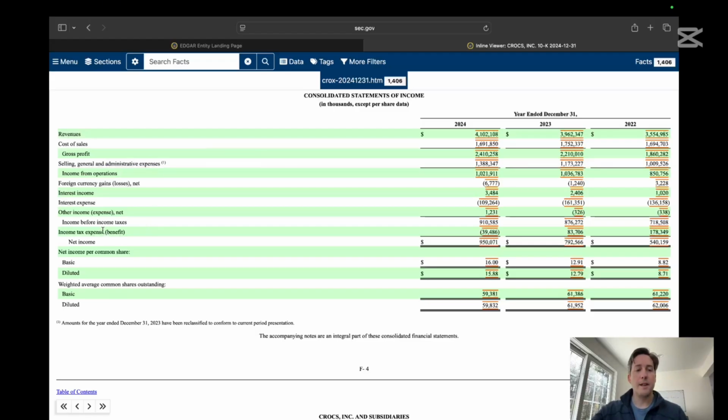And then down here, income tax expense benefit. This can get very complex very fast. So generally, I would just do what your tax accountant tells you to do here. Don't worry too much about this, because a large business like Crocs is going to have tax professionals on their staff who compute this, and the accounting rules for recording this are different than the statutory tax rules for filing in the US or your state.